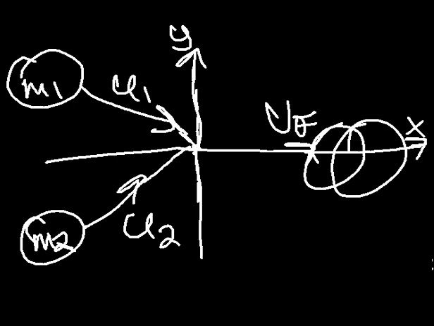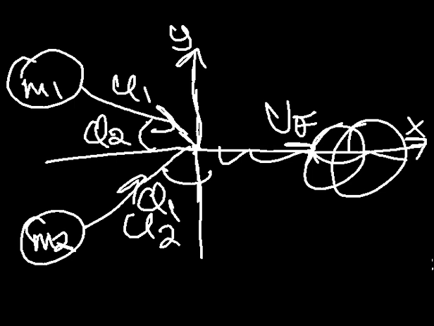So you see that before collision, object 1 is moving at an angle, let's say theta 1, and object 2 is moving at an angle, let's say theta 2. Record it as theta 1, by the way. And after they collide, the objects are moving horizontally.